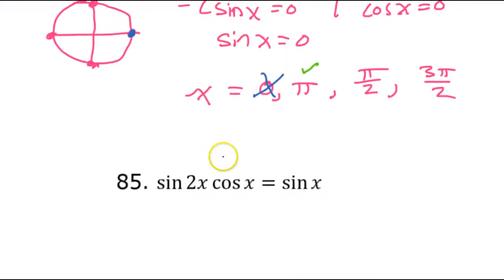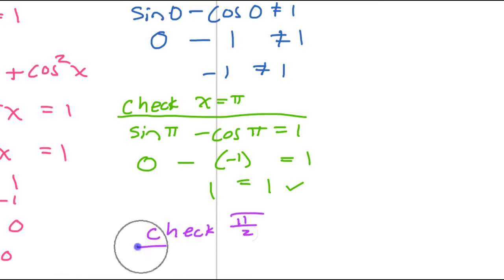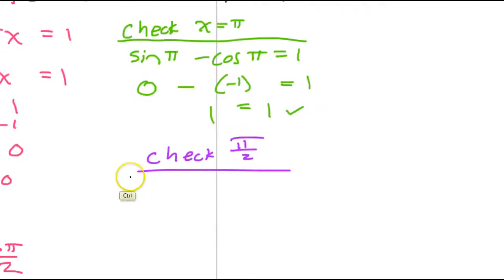All right, next we're going to check pi over 2. Okay, so that's going to make sine of pi over 2 minus cosine of pi over 2. That must equal 1.